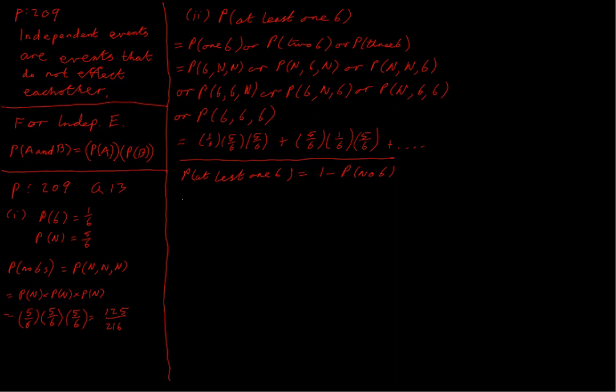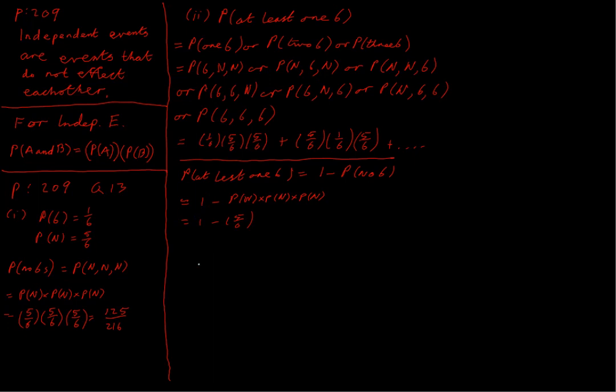So instead, we're going to have equals 1 minus the probability of no 6s, which would be the probability of no 6, multiplied by the probability of no 6, multiplied by the probability of no 6. Far easier to deal with than all of this mess. And it gets 1 minus 5/6 by 5/6 by 5/6.